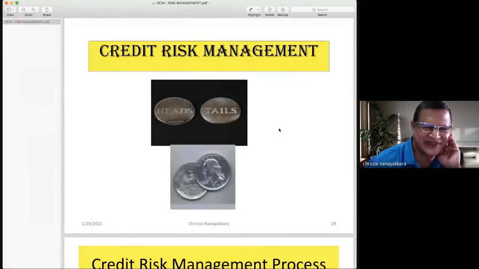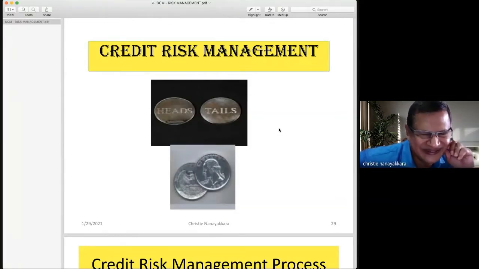So it is actually the same coin. There are two sides. We have looked at the heads, and the heads are the credit management. Now we are going to look at the tail.